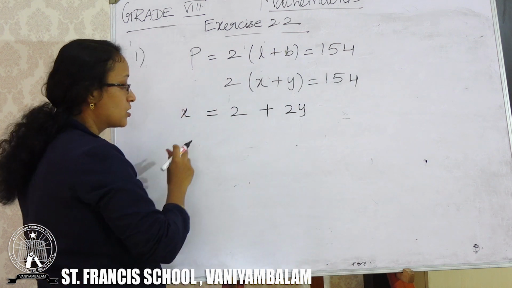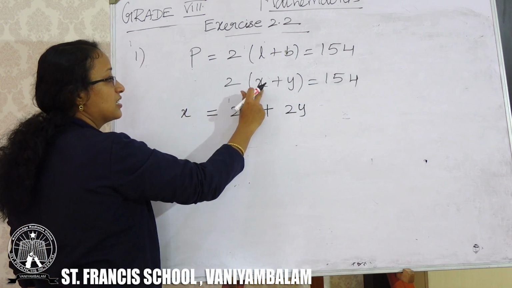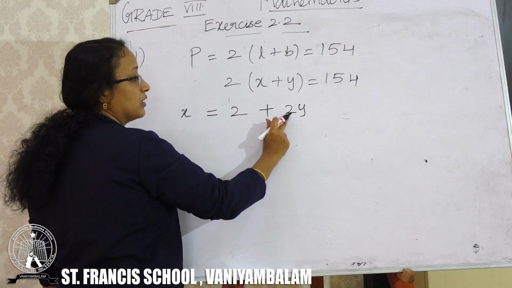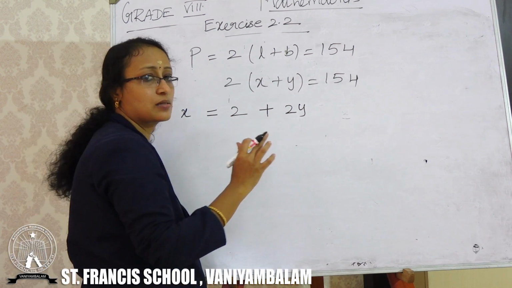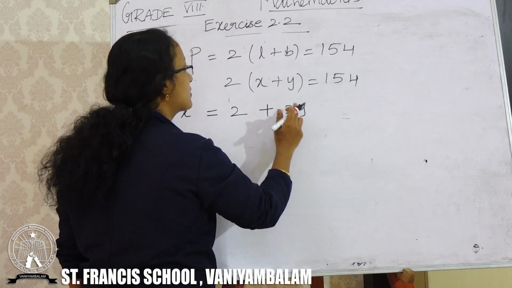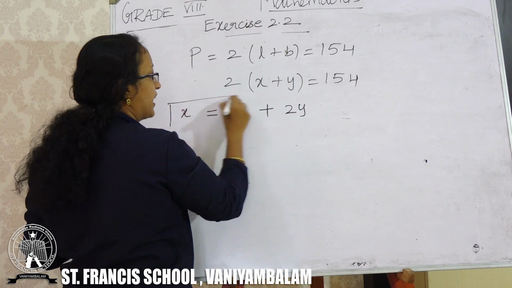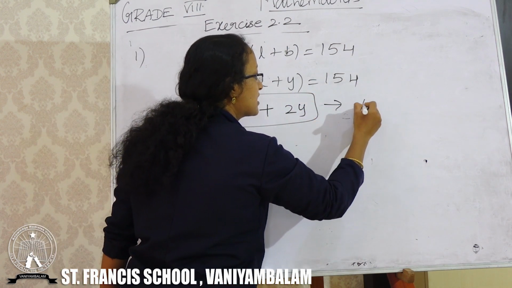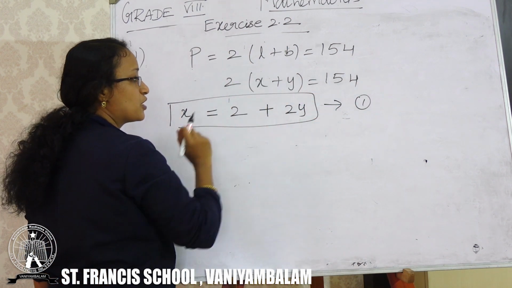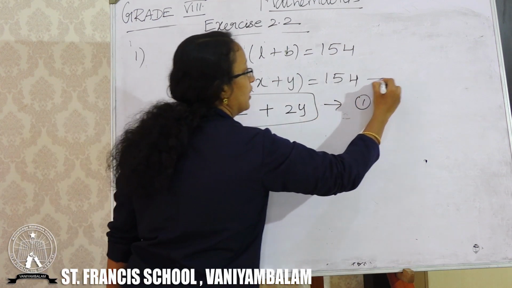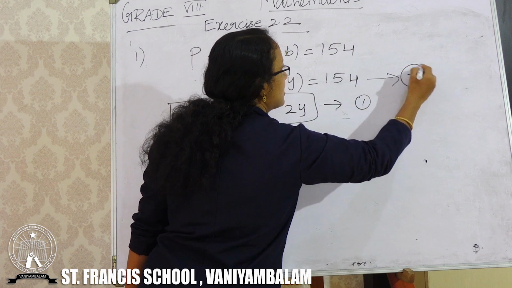Y. So length is x, length is 2 more than twice its breadth. Twice means 2 times its breadth. Breadth is y. So what is your x value? Just take it as equation 1. You can substitute here x value. This you can take as a star.